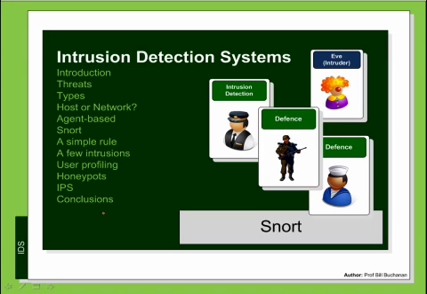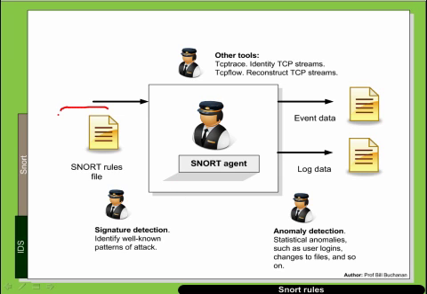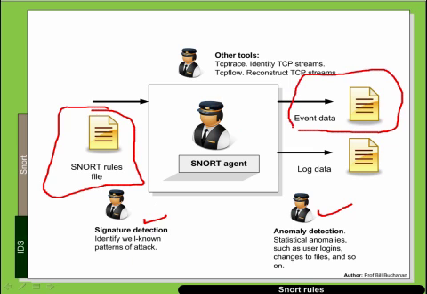One of the most popular intrusion detection systems is SNORT, and this section will look at some of the configuration of it. SNORT basically reads in a rules file, and it can either be standard signature or it could relate to anomalies, and it will produce event data whenever an alert fires.